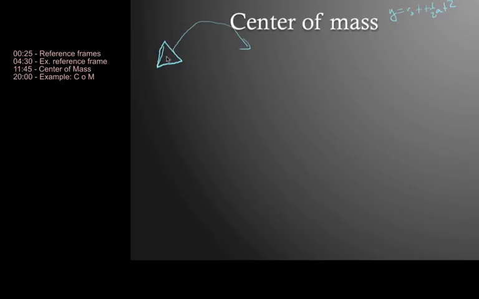But that point at which we're idealizing our body around is the center of mass. This is a point at which we can pretend that all the mass of that object is at that point.